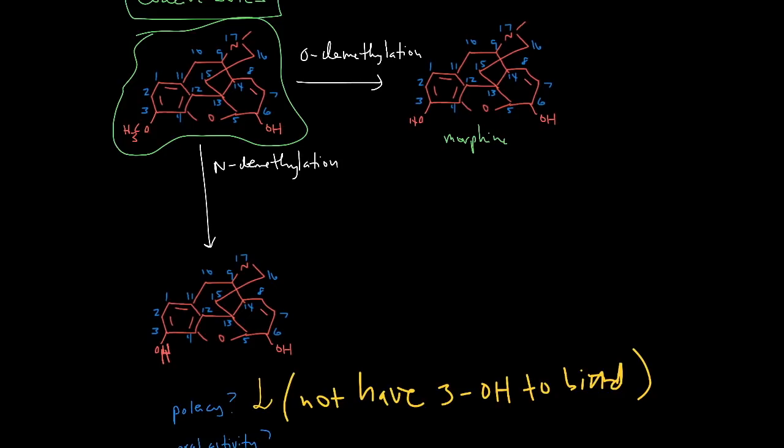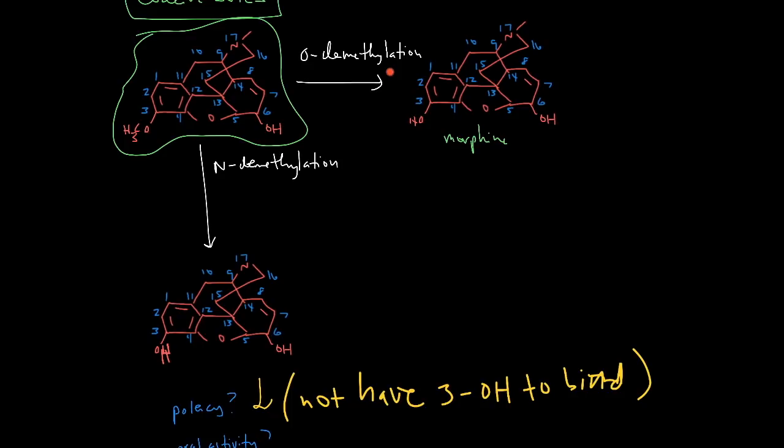So morphine can be N-demethylated. Number 2, it can be conjugated to a sulfate. Number 3, it can be glucuronidated at the 3 position, or 4, it can be glucuronidated at the 6 position. And remember that conjugation at the 3 position actually deactivates the morphine. However, codeine only has 2 metabolism routes. It can only go N-demethylation and O-demethylation.